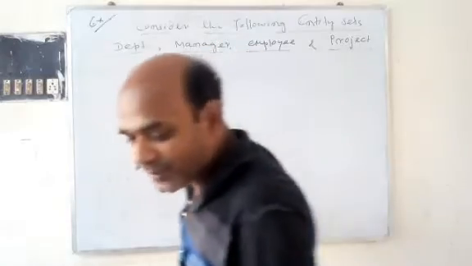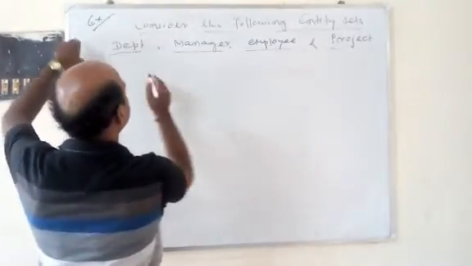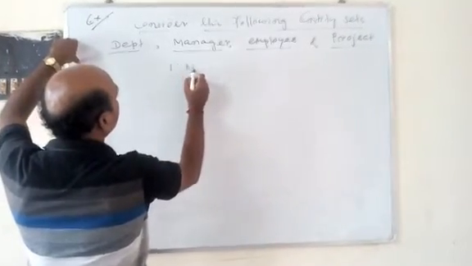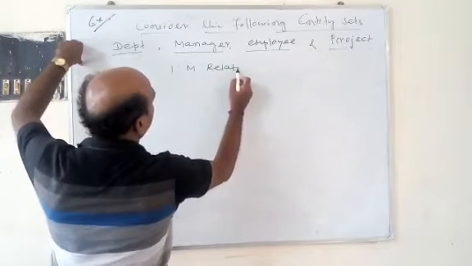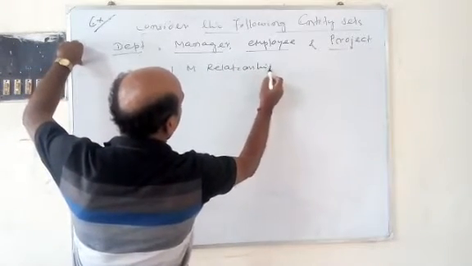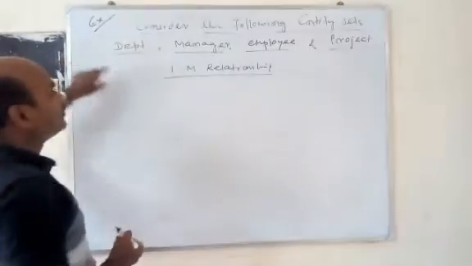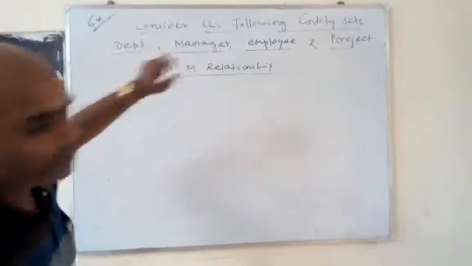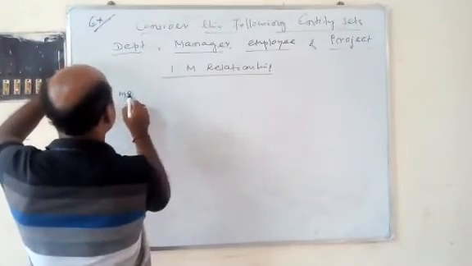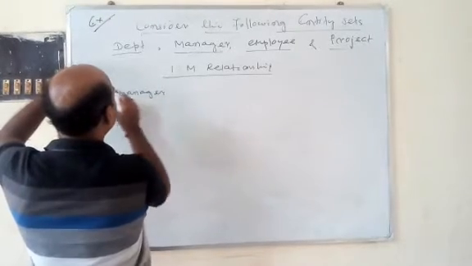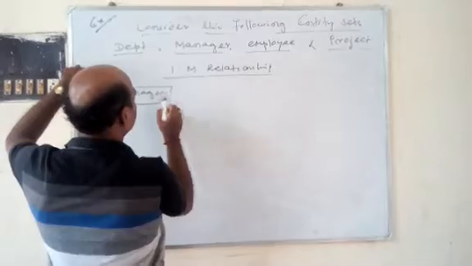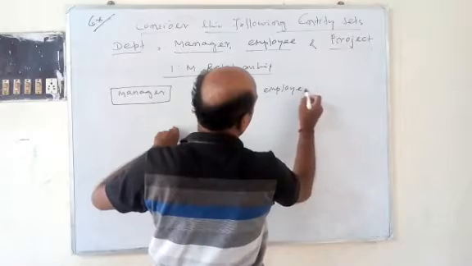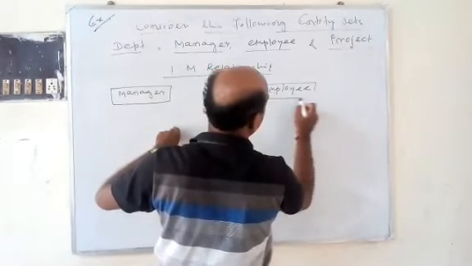Let us find one example: manager and employee. Manager and employee is the representation of one to many relationship. This one to many relationship can be expressed with the example manager and employee. So manager in the entity set is related with employees with another entity set.